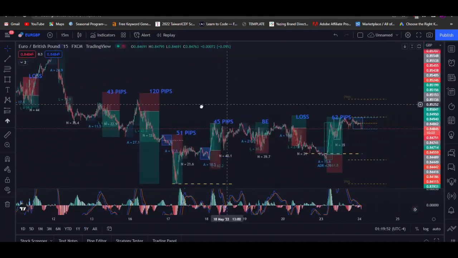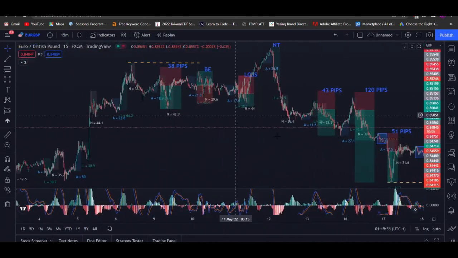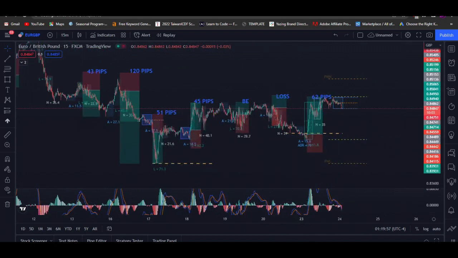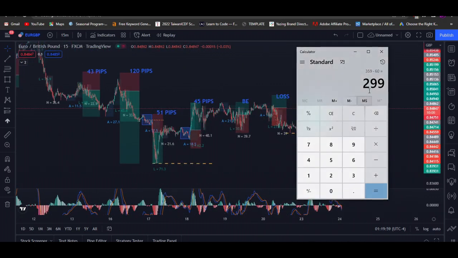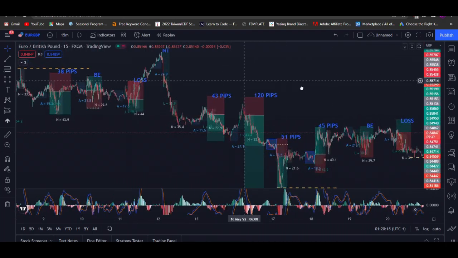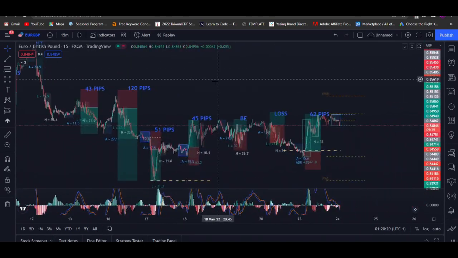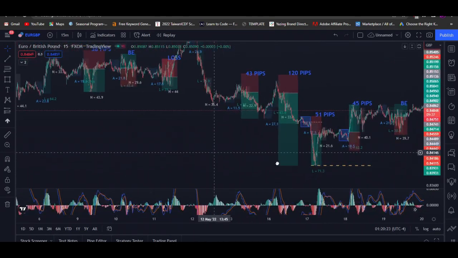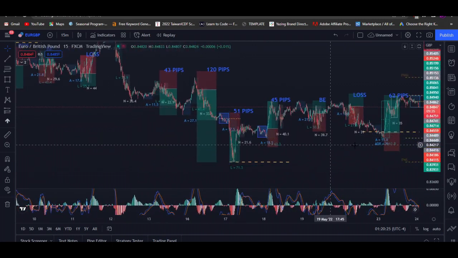So within this period right here, we would have profited 299 pips. And at a standard lot size, that would have been $2,990 profit, just off of one pair within a short period, just like that.